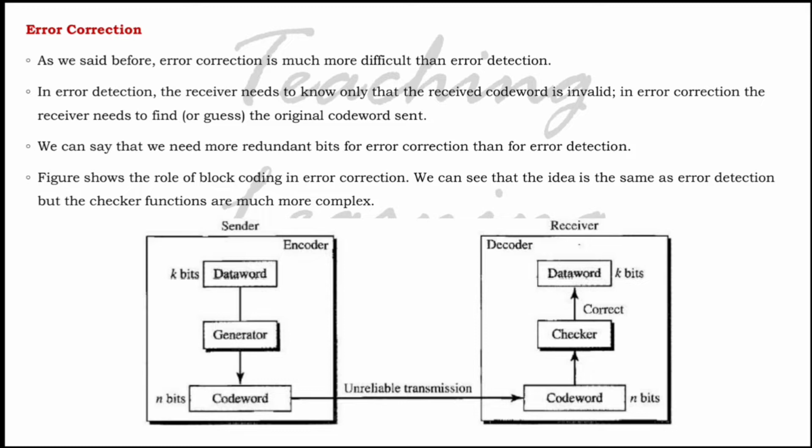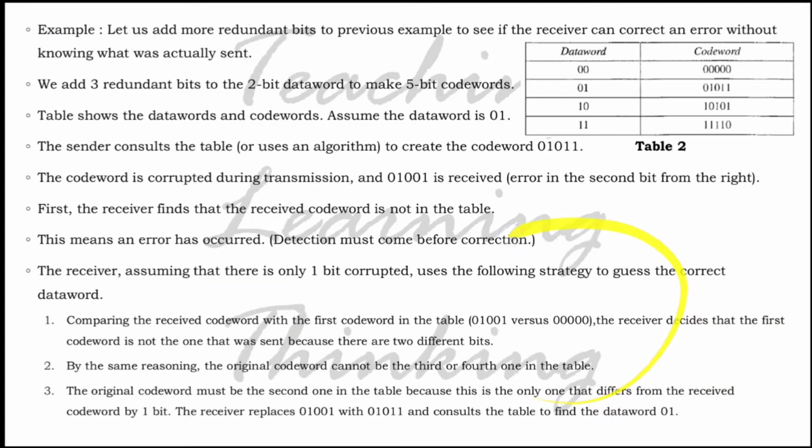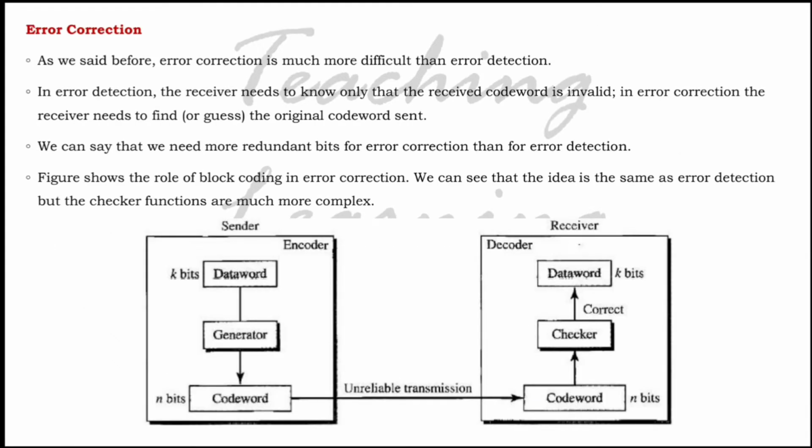Error detection and error correction have the same figure. The only difference in the block coding is in the checker function. So the sender and receiver are there. We have a k-bit data word, and a generator function, and an n-bit code word will be generated and transmitted to the receiver.